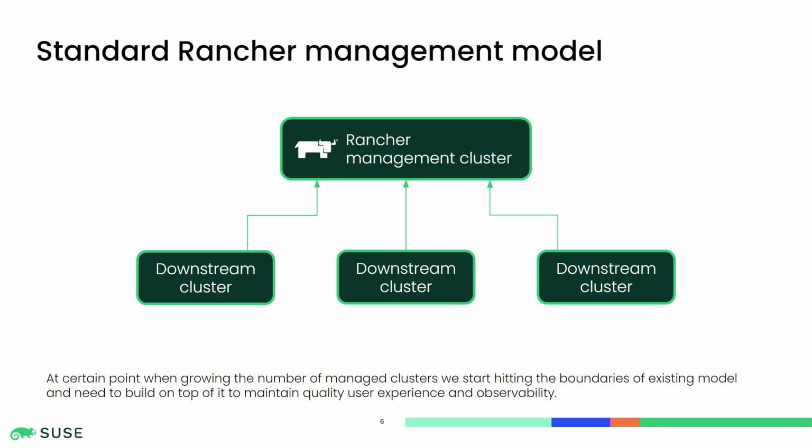It's not only a problem of scalability or performance, it's also a problem of user experience, because you need quite a different user experience when you're dealing with, let's say, 100 clusters and tens of thousands of clusters, of course.